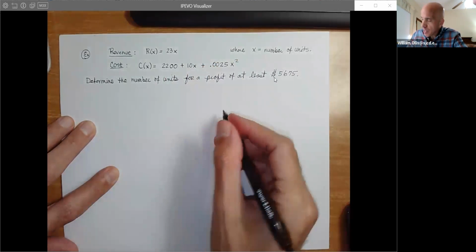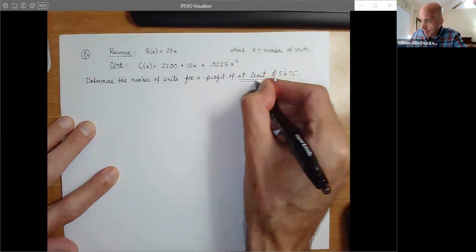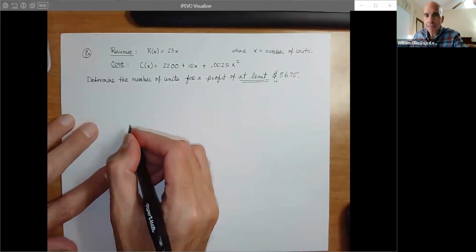So again, there's the at least. That gives you the inequality.